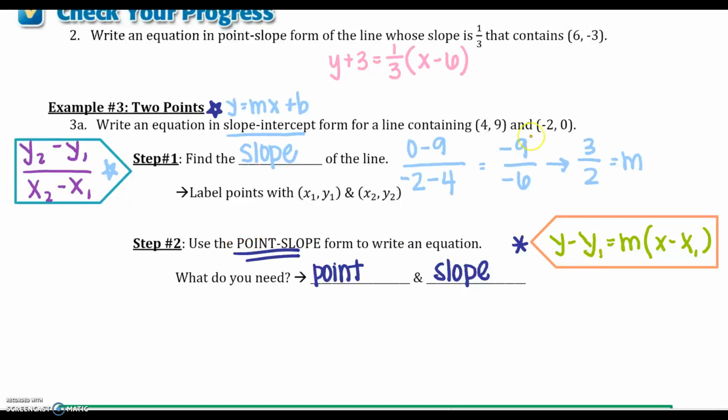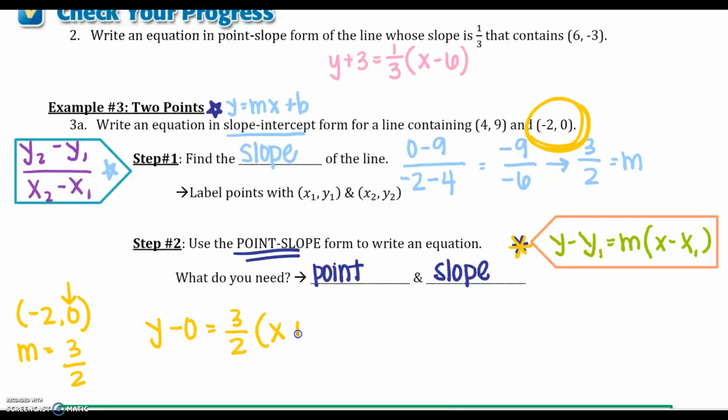So I'm actually going to pick this point right here. If you have anything that has really small numbers or a 0 in it, it's probably good to pick because it'll be easy to put into your equation. All right, so I'm just going to follow this formula right here. So y minus y1 equals m times x minus x1.